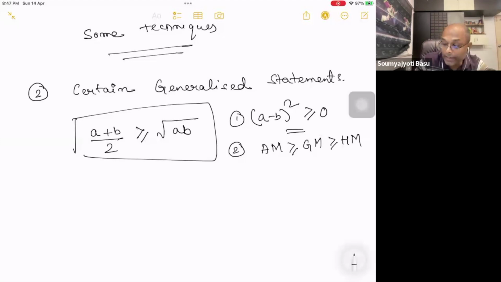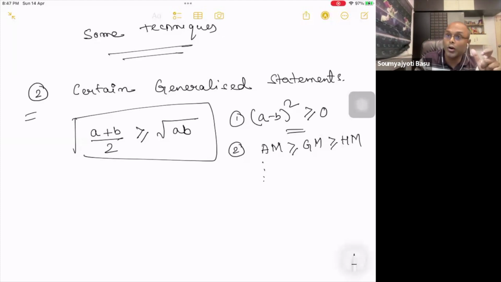This is also a very powerful tool, the number 2, to finding out or to proving some inequalities, okay? There are other techniques as well. But having said that, I admit that the second type of inequalities are much harder to solve compared to the first type of inequalities. But in multiple choice questions, you don't get the second type of inequalities much, okay?